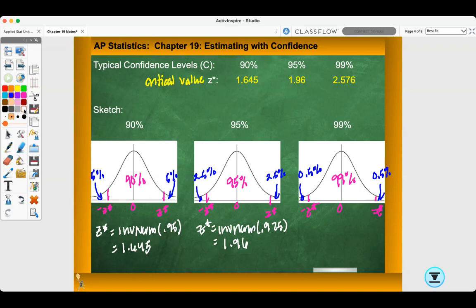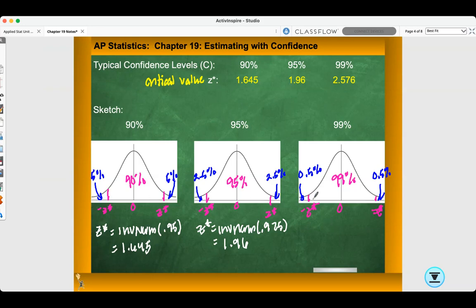So to find Z star, it's from here all the way back, that would be 99.5%. So it would be invNorm of 0.995, which would give you 2.576. So those are the ones that we typically use.